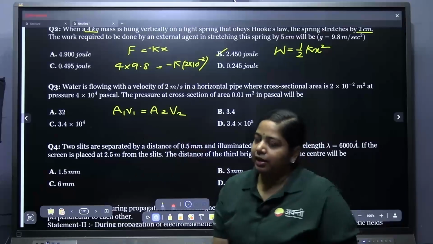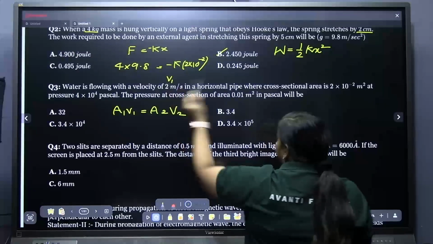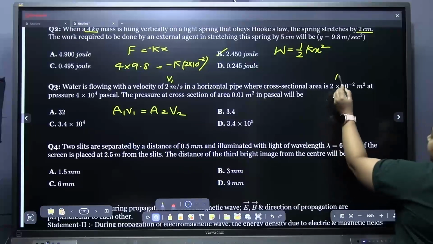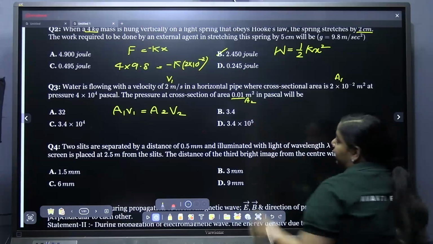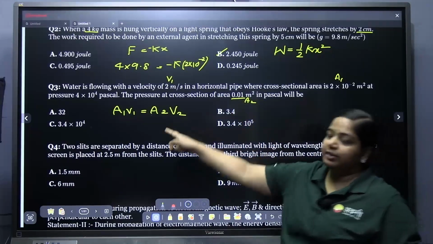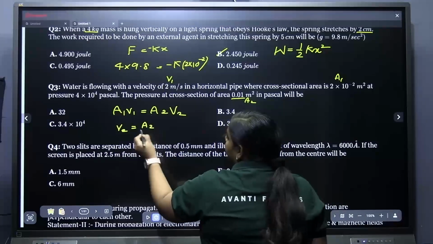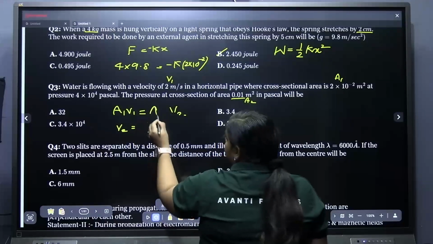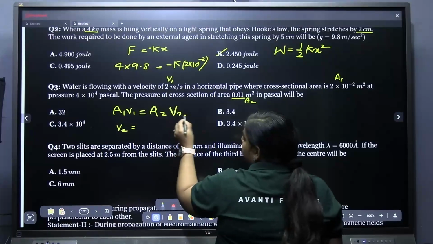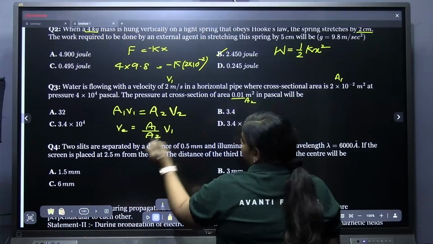So same thing. V1 is given here, area A1 is given, area A2 is given. So using this equation you can find V2 equal to A1 by A2 times V1.